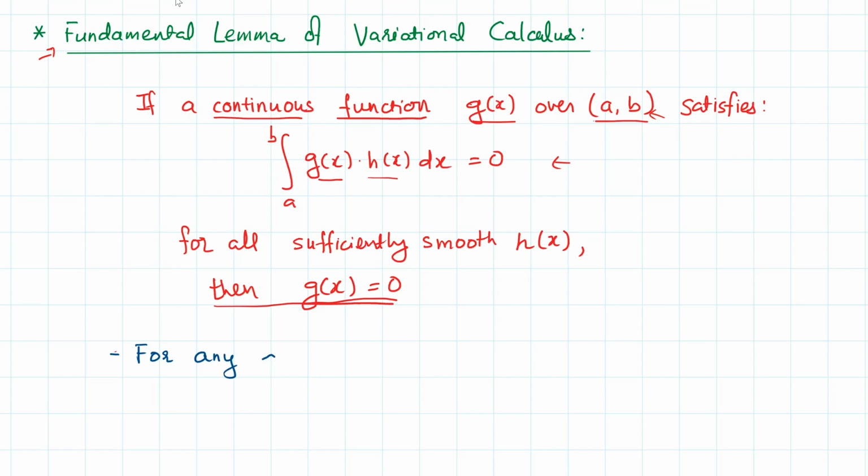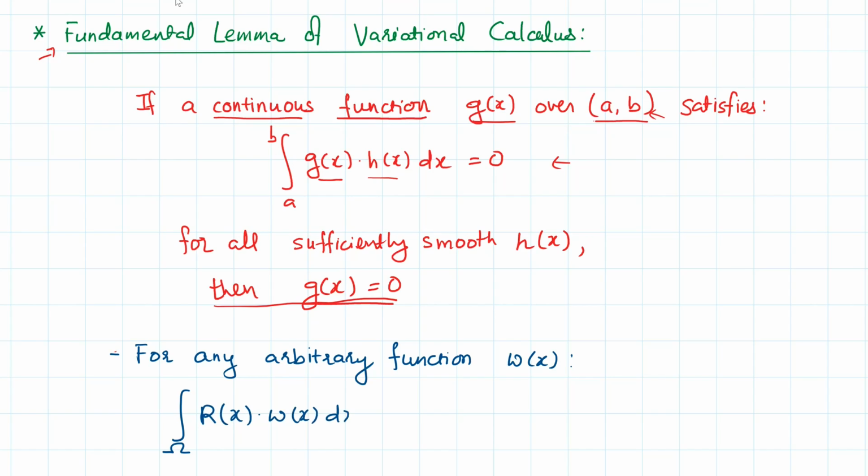For any arbitrary function w of x, if the integration over the domain omega of a residual function r of x times w of x dx is equal to 0, then our function r of x is equal to 0.